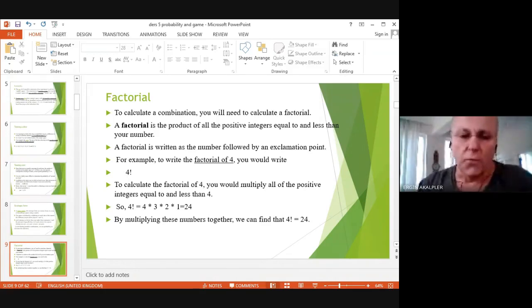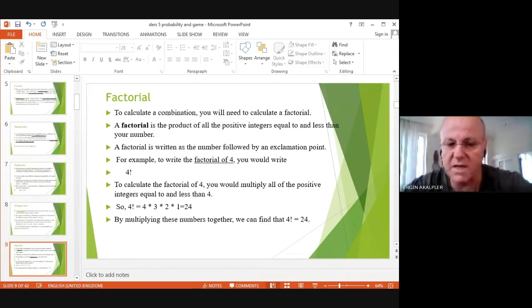Therefore, the factorial gives 24 possible options in a given scenario. By multiplying these numbers, you get this factorial, as you are observing in this example. It is calculated with the numbers below 4.